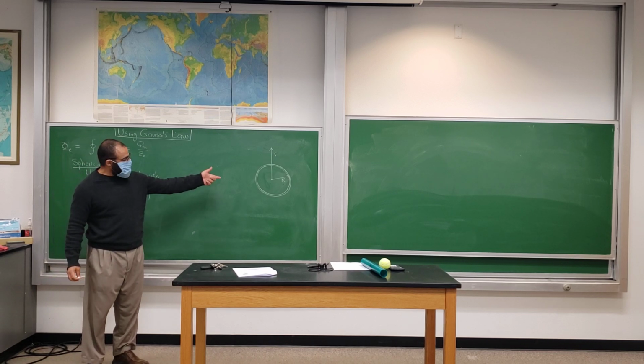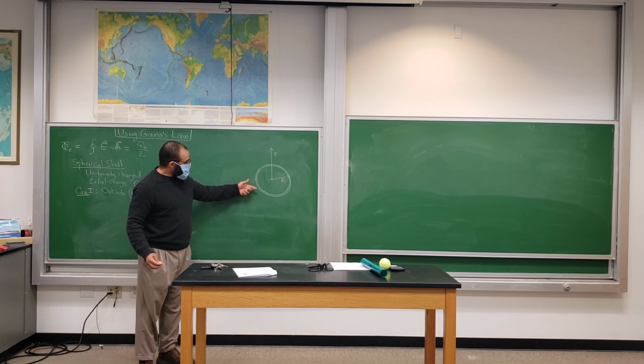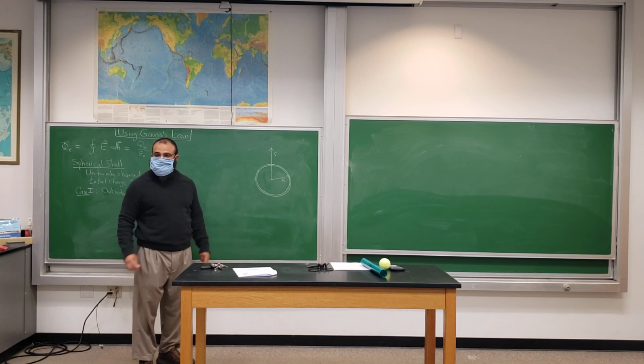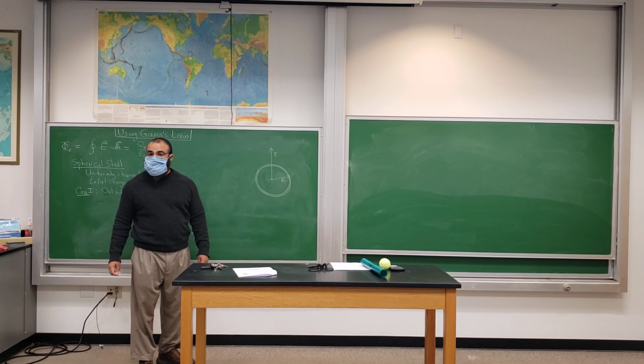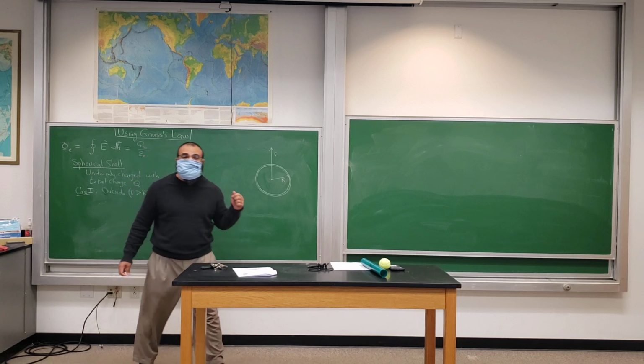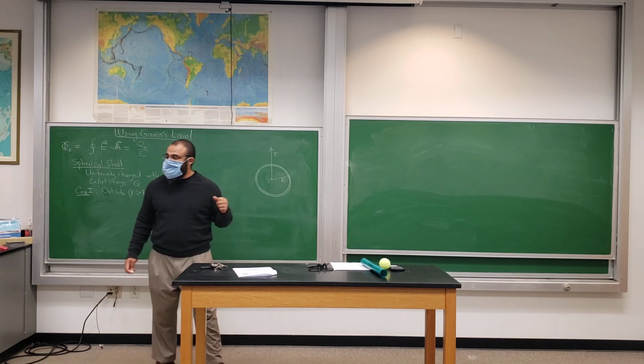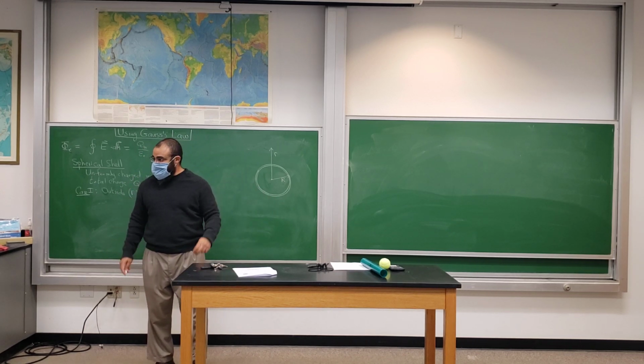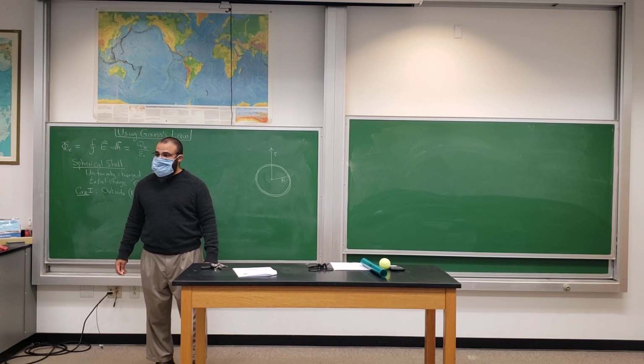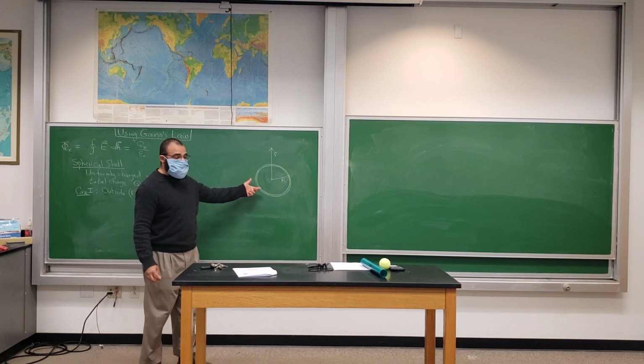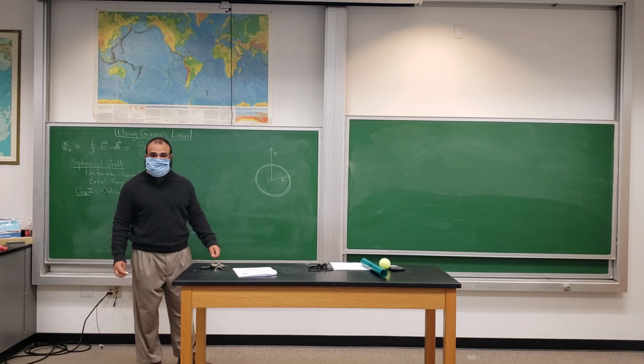So what is something that imitates the symmetry of this spherical shell? Point charge? A circle? No, that's wrong. Some kind of a shell, some kind of a sphere. Yeah, we have spherical symmetry here, so we would draw a sphere around it.